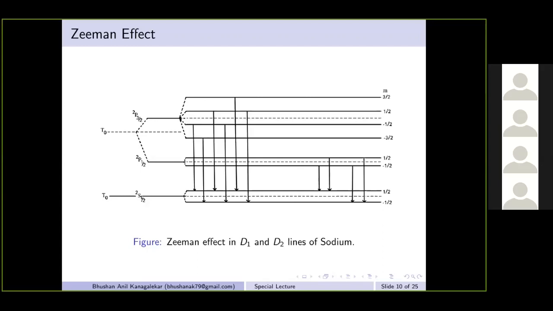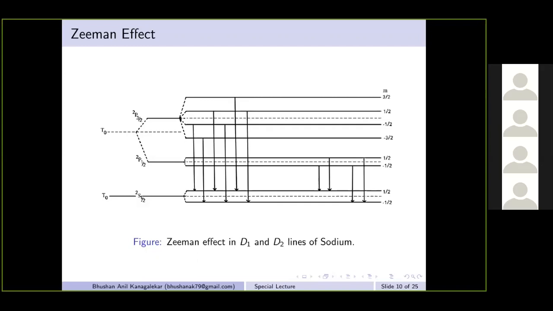So this D1 line is splitting into 4 transitions, and similarly, this is 1/2 to minus 1/2, delta mJ is equal to minus 1, 1/2 to 1/2 is 0, minus 1/2 to 1/2 is plus or minus 1.